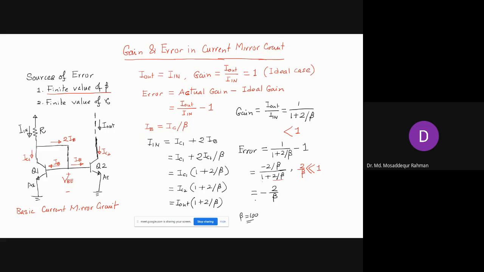If beta is 100, then you see that error will be -0.02, right? If you convert to percent, that will be -2%. So the error will be 2%. For larger beta, error will be less, and if beta is small, then error gets larger.